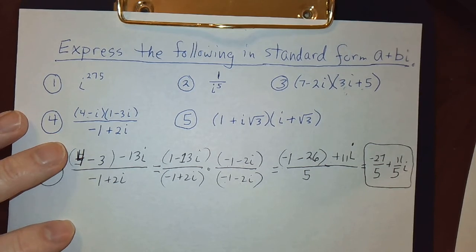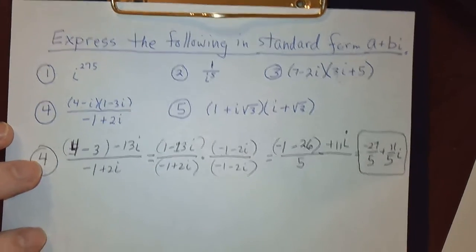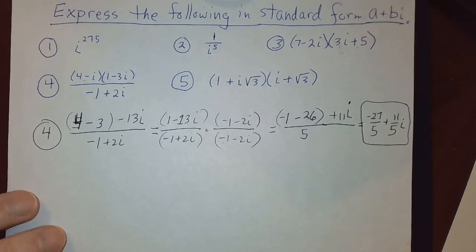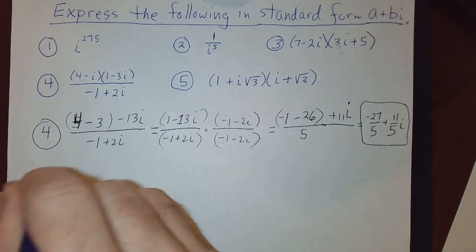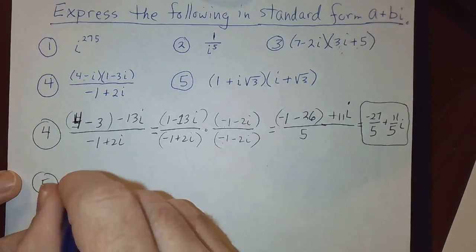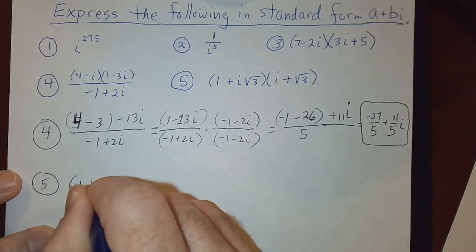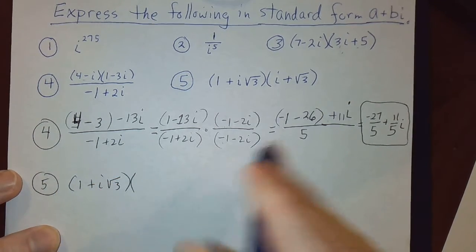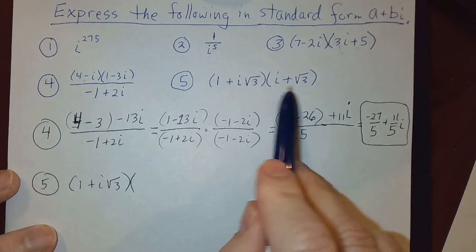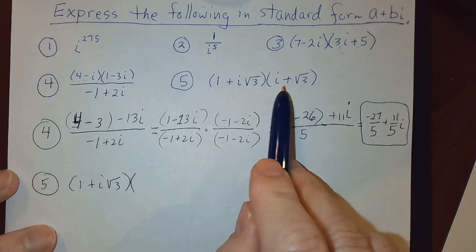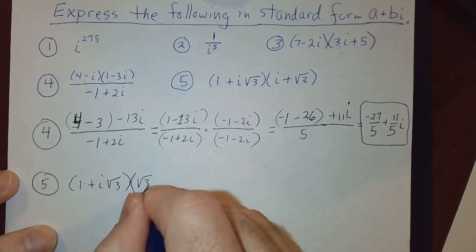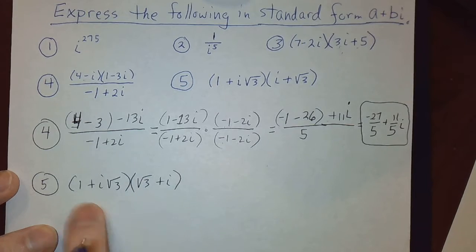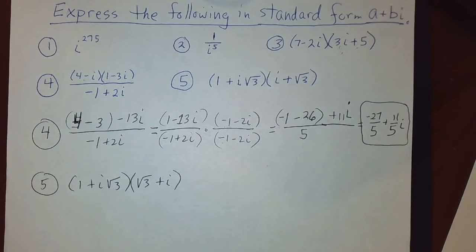All right, well, number 5 looks pretty simple. All we're doing is FOILing out 1 plus i radical 3 times, I'm going to go ahead and rewrite this in the standard form, radical 3 plus i. Again, if you don't do it that way until the end, you're going to get exactly the same answer.